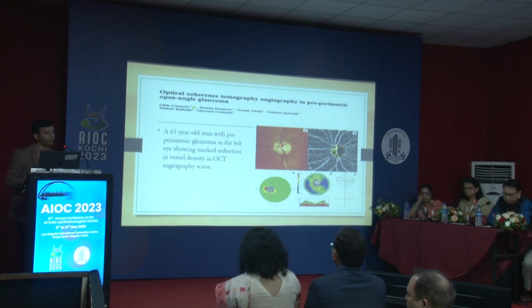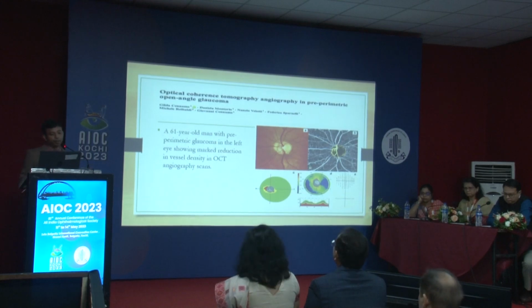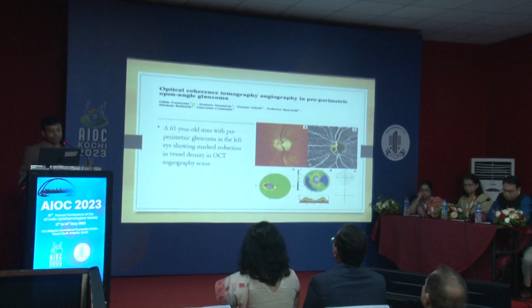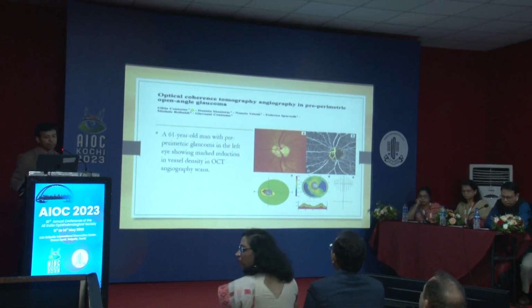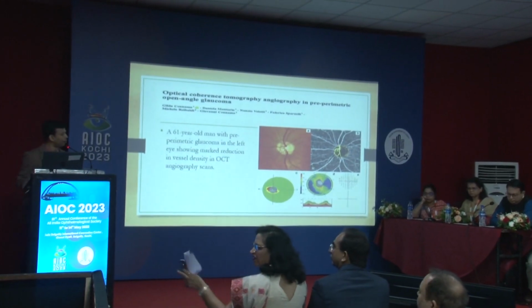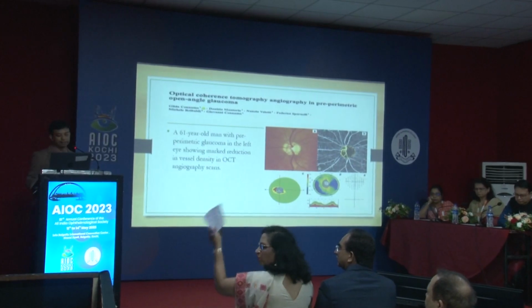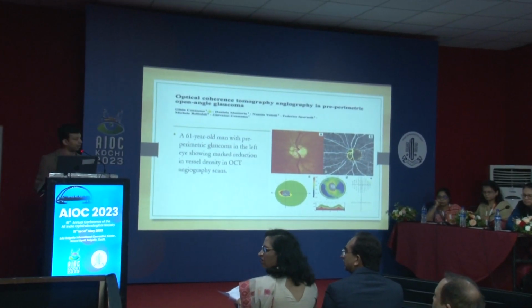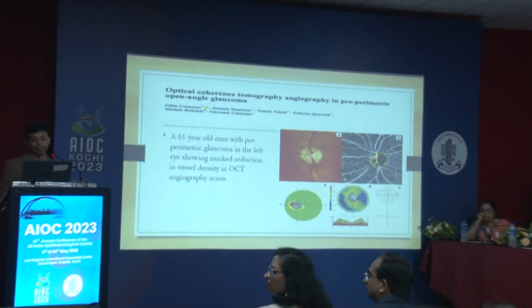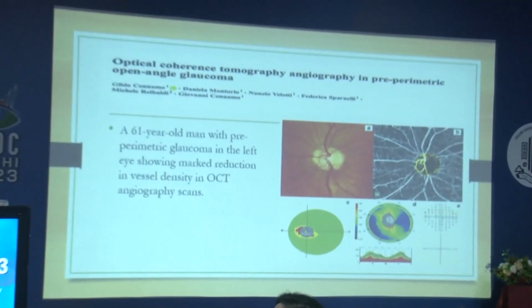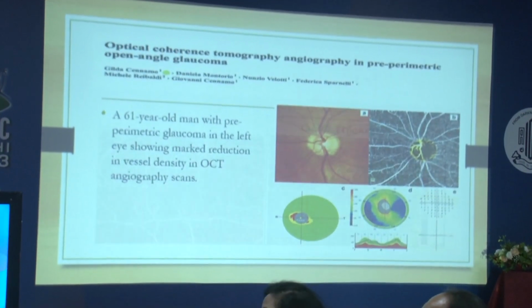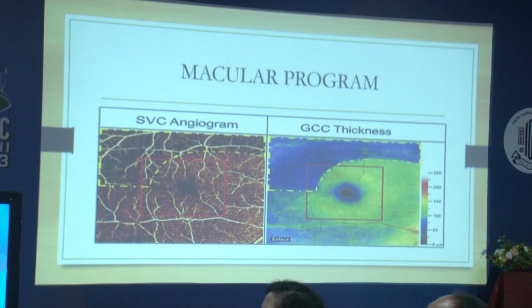Whether it has any role in pre-perimetric glaucoma, we are more interested in the pre-perimetric glaucoma with these imaging modalities. This paper by Kenemau et al. has shown that in a 61-year-old patient where the disc is around 0.7, IR less than SR, in that case, the HVF is absolutely normal, but the OCT angio is picking up that the vascular density has come down.